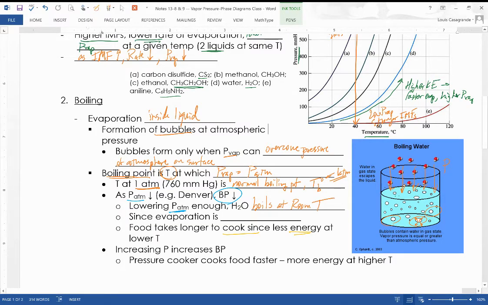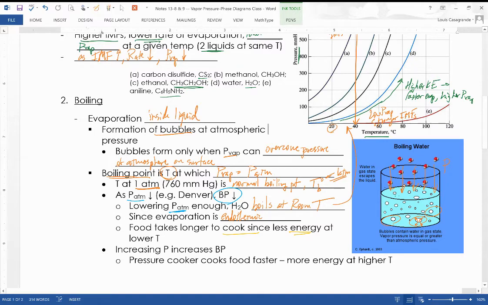The funny thing is, we think of boiling as a process that needs a lot of heat. You have to put heat in, which is true at room pressure because you have to break those intermolecular forces. But when you boil water at room temperature by lowering the pressure, let's look at this up here.